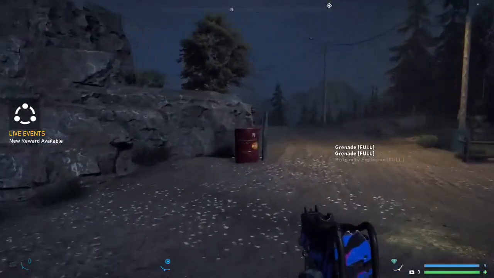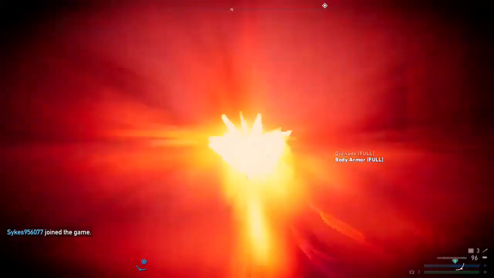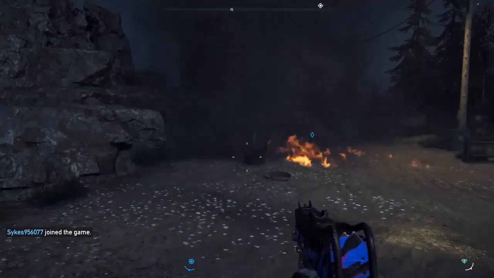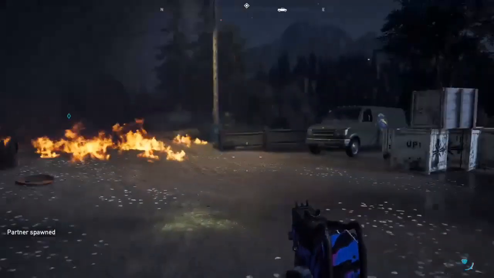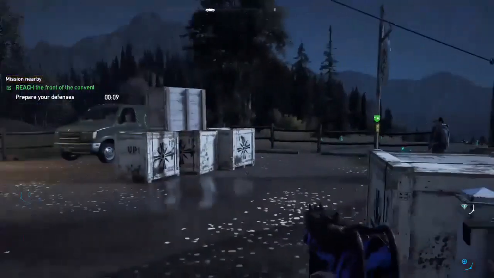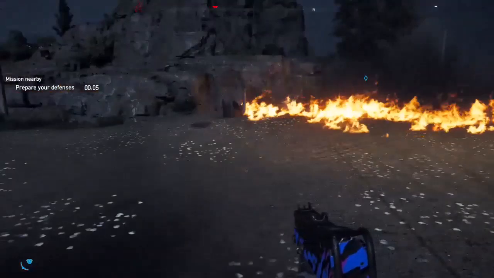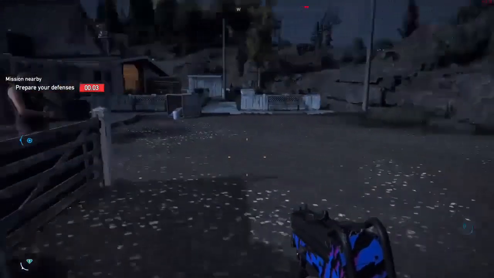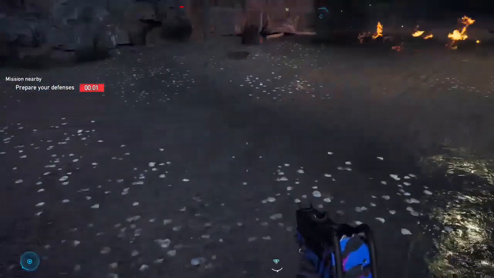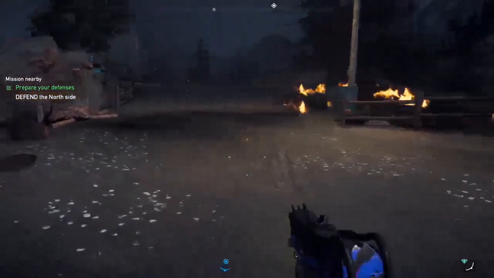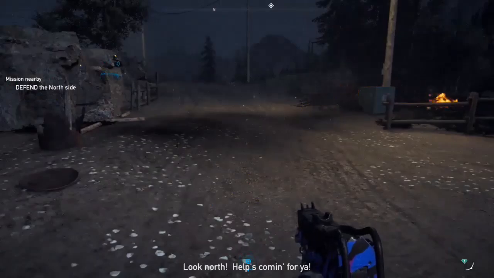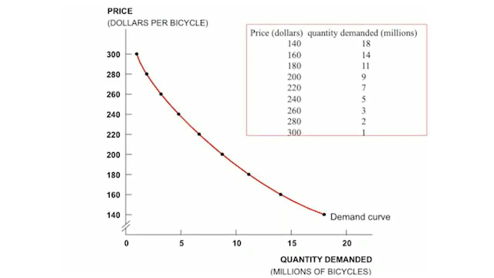If the price goes up, say, to $180, quantity demanded goes down further. Even fewer people will decide to buy a bicycle. If it's really cheap, like $140, you might have people buy 2 or 3 bicycles. Well, that's going to really be cut out when the price gets higher too. So for all these reasons, as the price rises, the quantity demanded goes down, and that's what this little example purports to show. You can also illustrate this graphically, and that's where the word demand curve comes from.